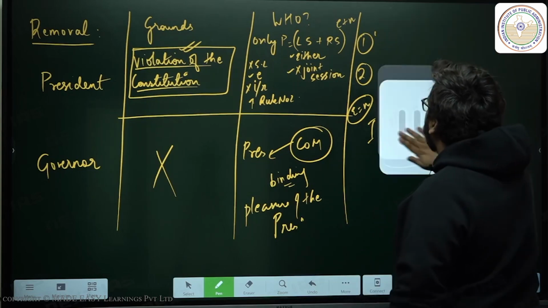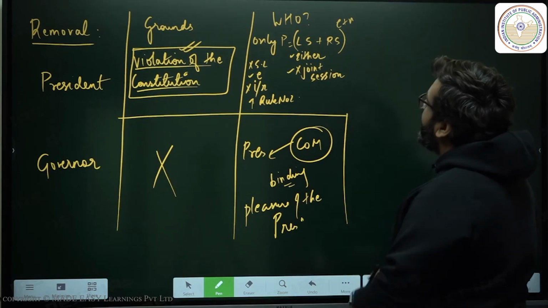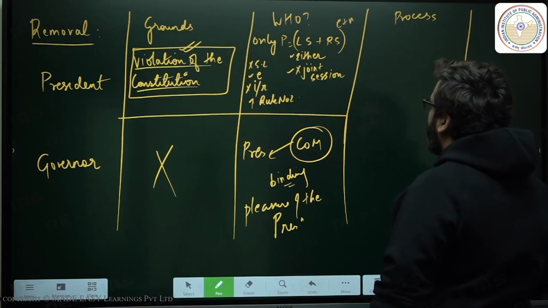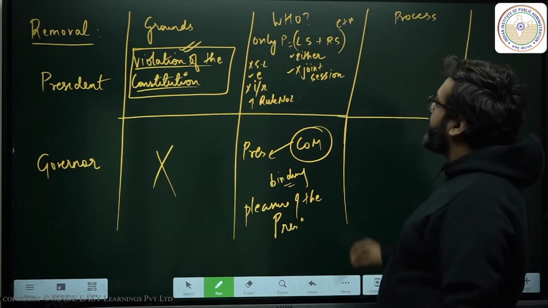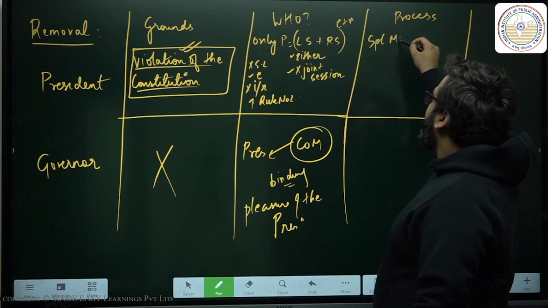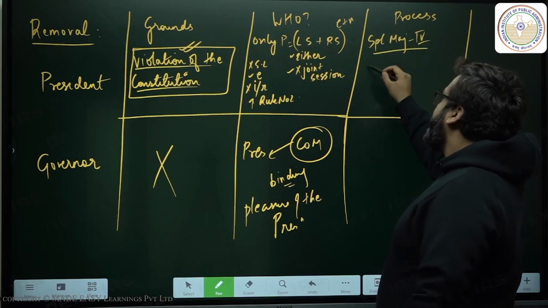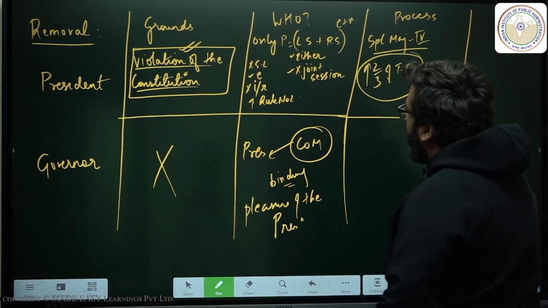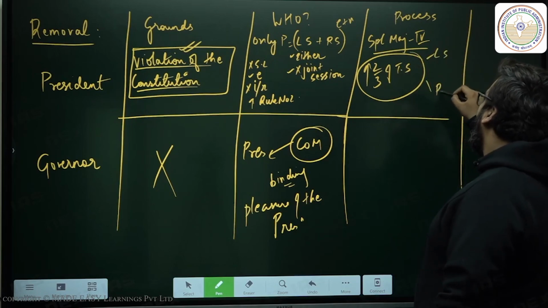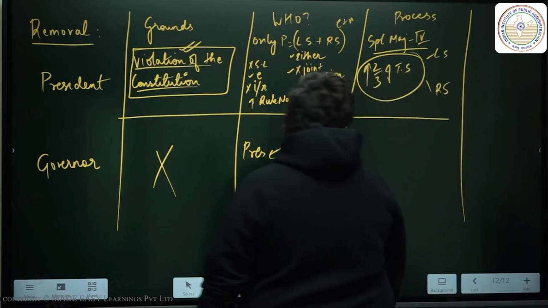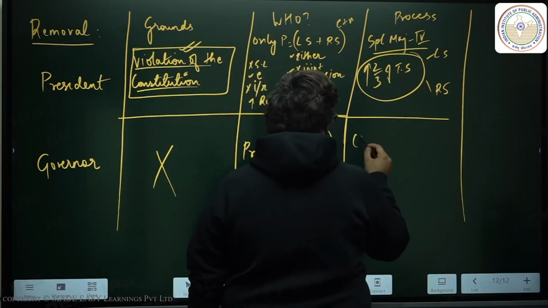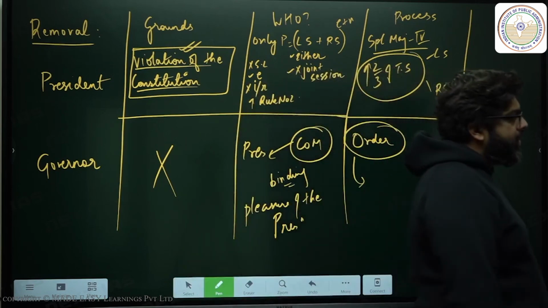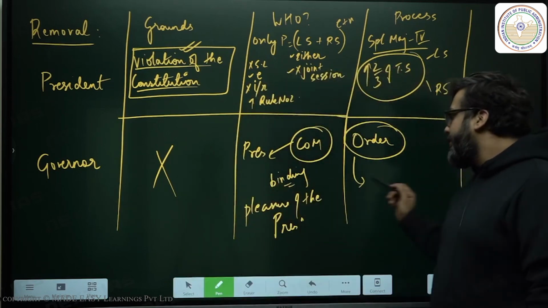Apart from this, you would remember that the process as far as the removal of the president is concerned is special majority, one of the toughest majorities, which is more than two-thirds of the total strength of the House, each of the Lok Sabha and the Rajya Sabha. Whereas here the governor is being removed by the president by a specific order released by the president. This is an executive order released by the president. This is a very simple process.